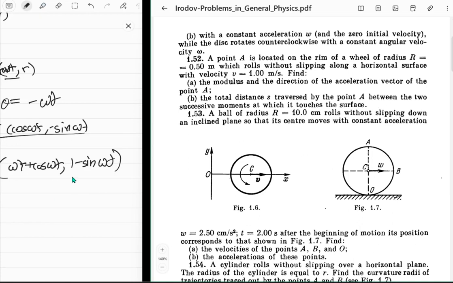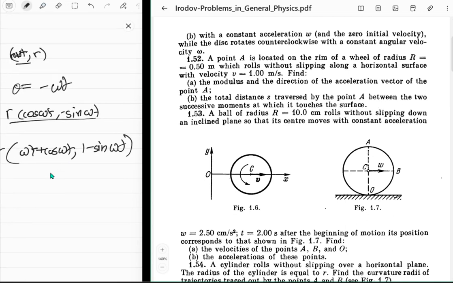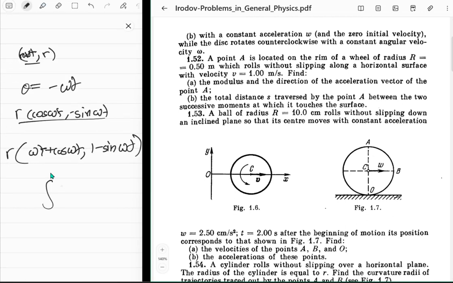Actually, no. Why do that when you already have it parameterized in t, right? So what will be our path? That's just going to be the integration of ds, which is the square root of dx squared plus dy squared, right? And it's going to go from, oh, this is going to be bad.